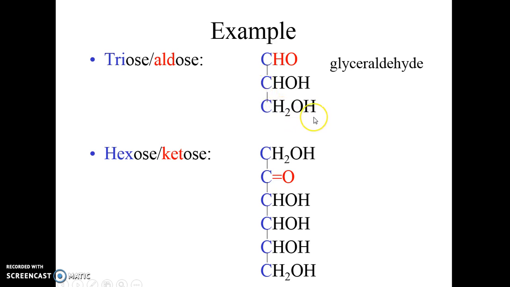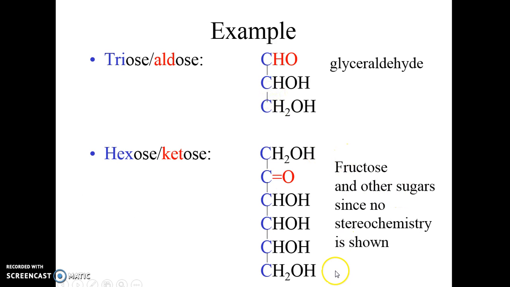This simple triose right here, the most simple monosaccharide that we have, is called glyceraldehyde. It's an aldehyde, and then it has 2 alcohol groups on it, of course, because it needs an alcohol group on the remaining carbons. This is fructose right here, and we'll go into how you can recognize it as fructose later on.